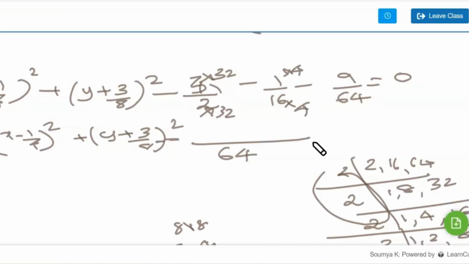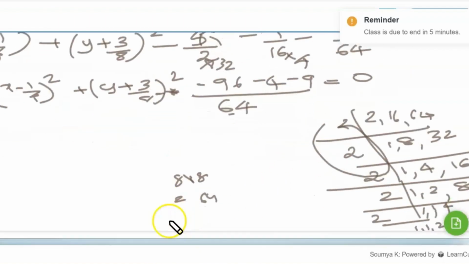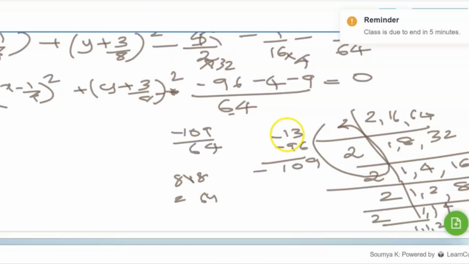So top also you have to do 64, multiply to the numerator. It is already 64, nothing you have to do here. 32 into 3 you will get, so that will be minus 96, and minus 4 minus 9 equal to 0. Solve it, you will get minus 13 and minus 96, that is 109, minus of 109 by 64.